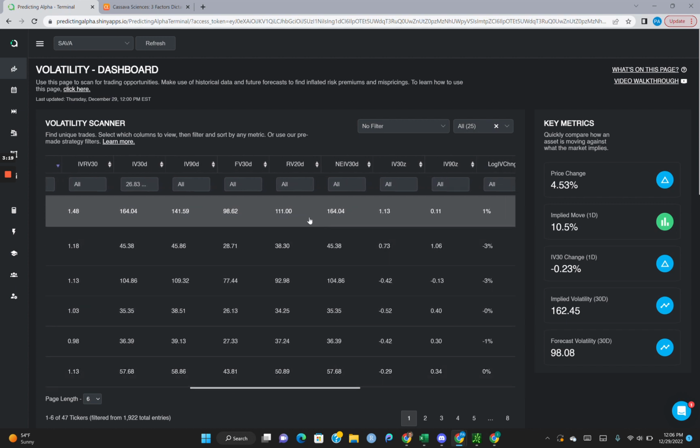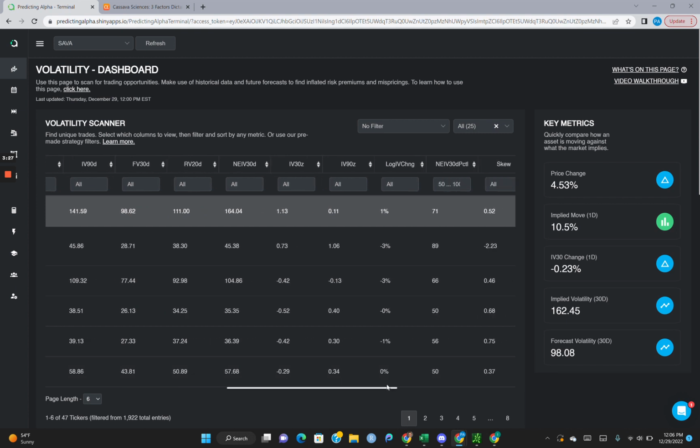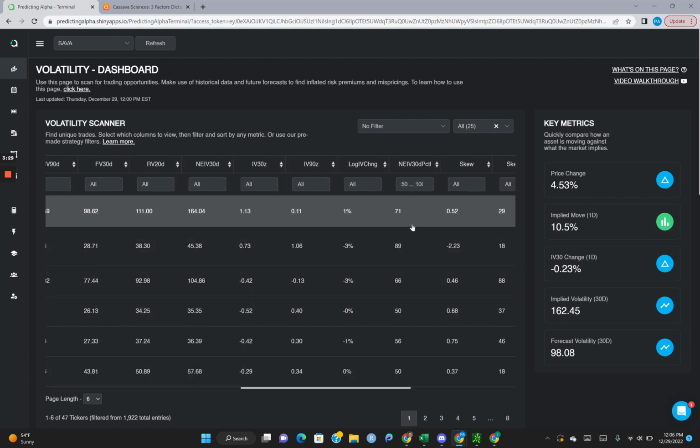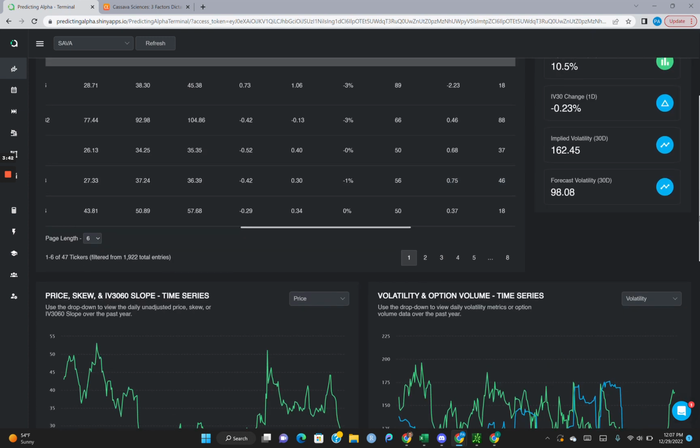Another thing that we're seeing here is that the realized volatility for the last 20 days is only 111, right? Versus the implied of 164. So that is also a great sign. We also have non-event IV 30 percentile of 71. So that means that this is in the top 29% of what it's been implying for the past year. All good stuff, right?